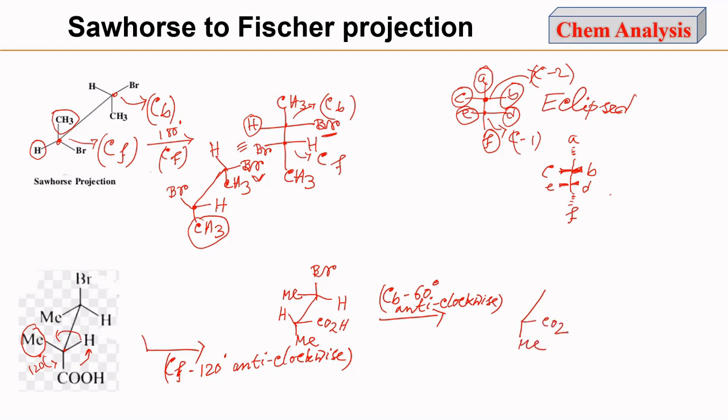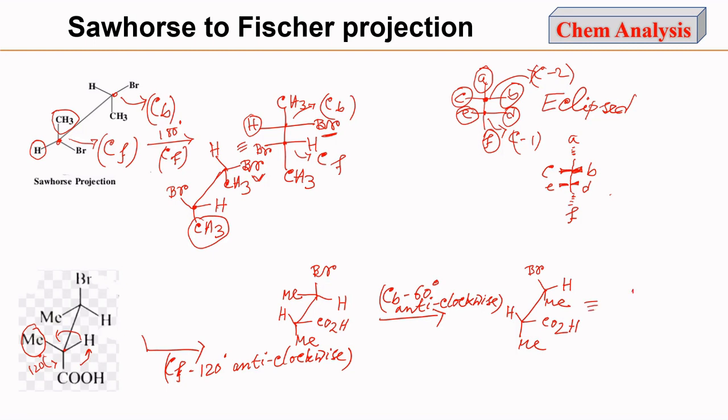So front carbon substituent remains as it is, and the back carbon, after 60 degree rotation, methyl group will go below the plane, hydrogen atom orient like this, and bromine atom from the top of the molecule will go on the left side. So this will be the Sawhorse projection formula, keeping these two methyl groups below the plane and eclipsed.